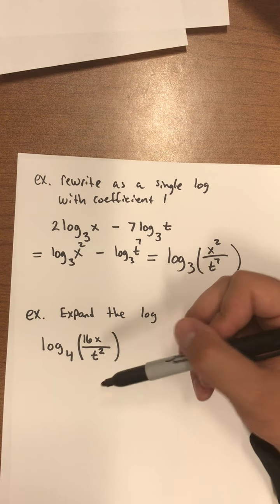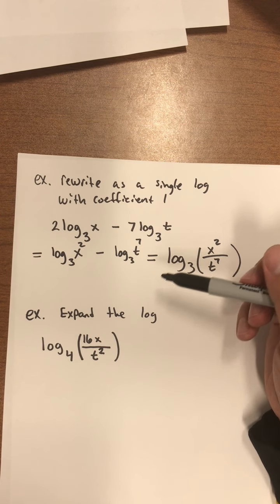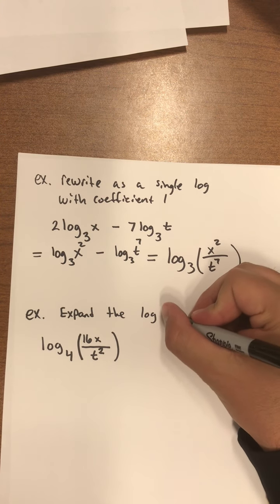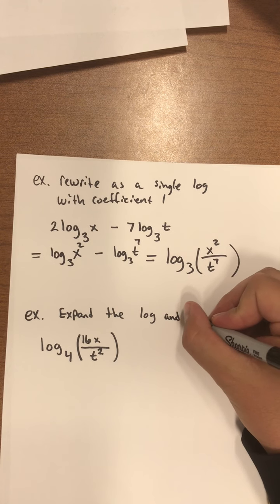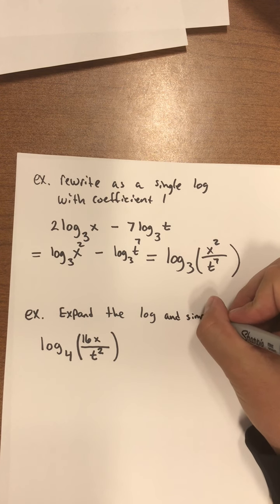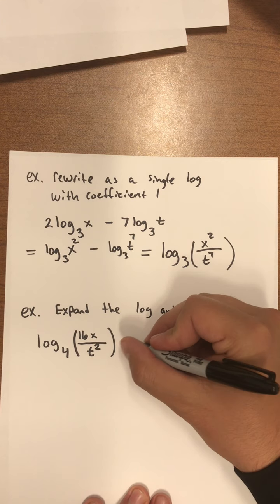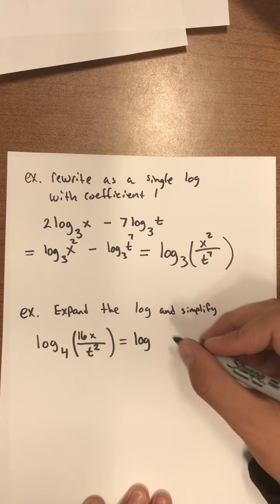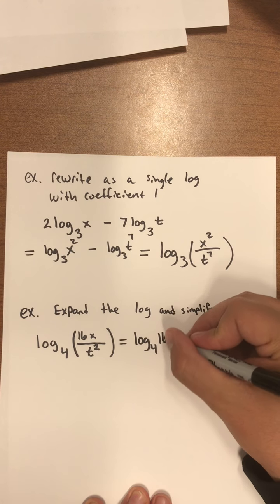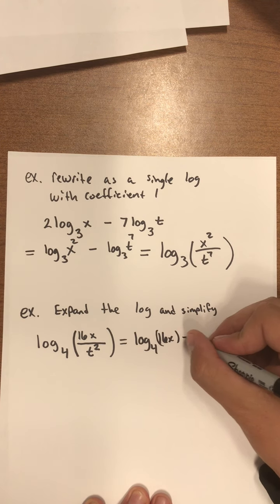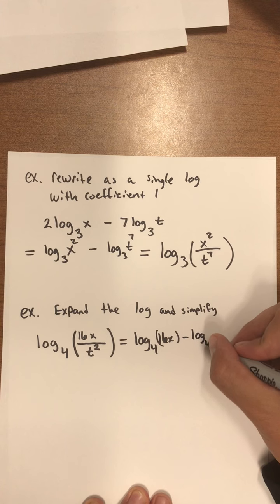This example is the exact opposite. So we're going to expand the logarithm and simplify it as much as possible. So we are doing the previous problem, but in reverse. So we have division inside the log, so we would split that up as 2 logs with subtraction.